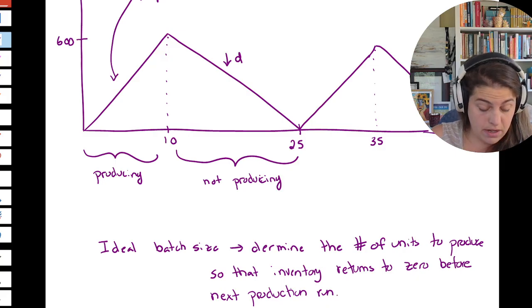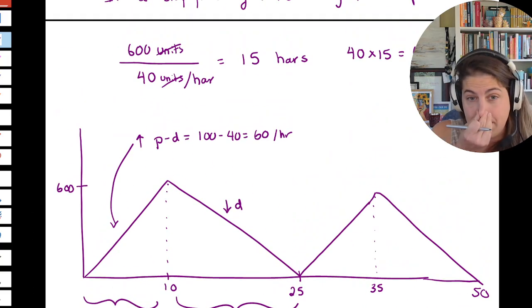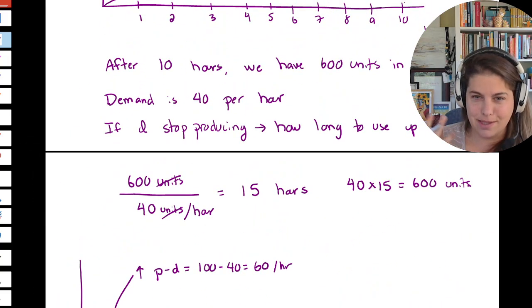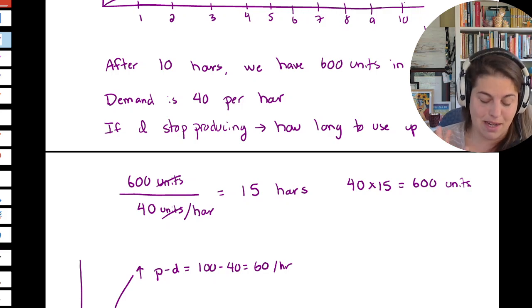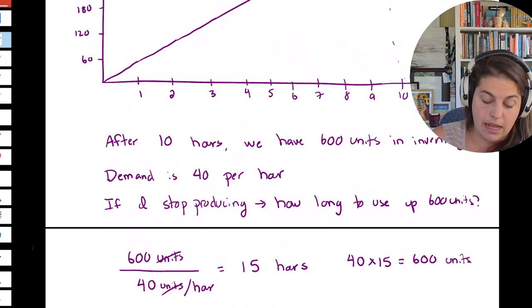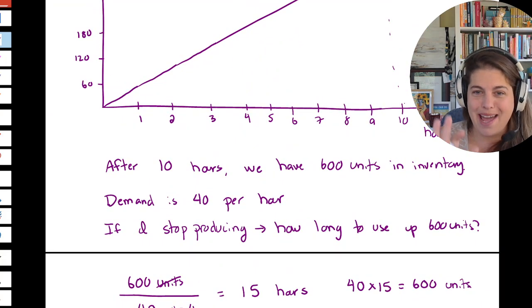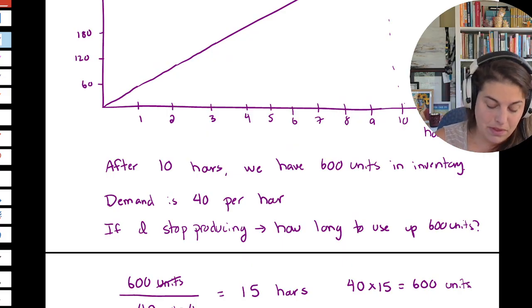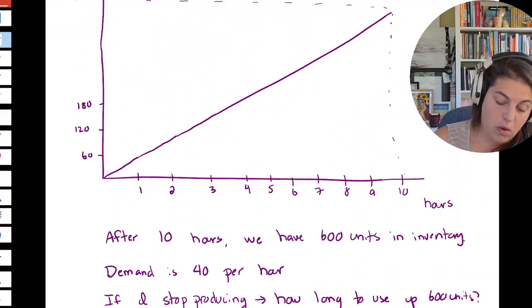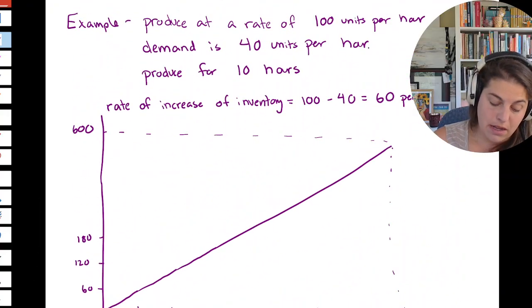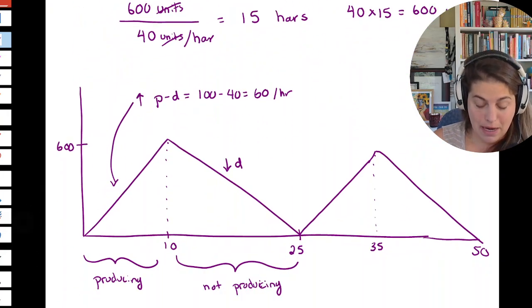In this situation, I specified it by time, just because I'm trying to think about this a little bit differently, to give you a different perspective if it hasn't sunk in right away. I told you, hey, you're producing for 10 hours. One of the things to recognize is how many units you actually produced.